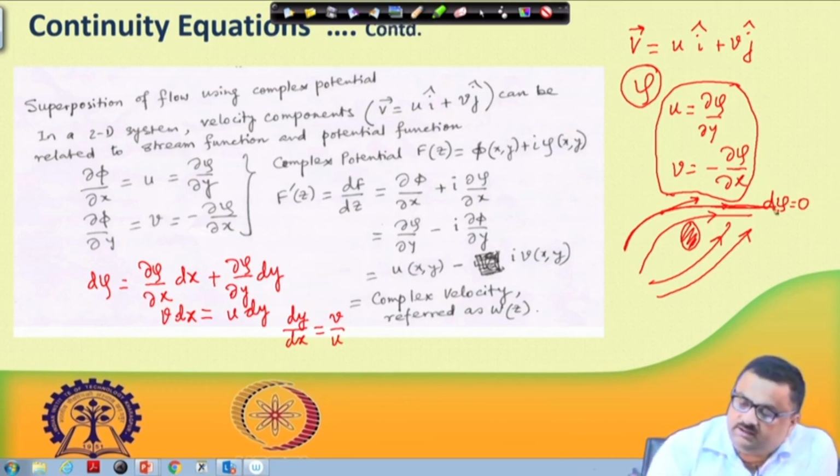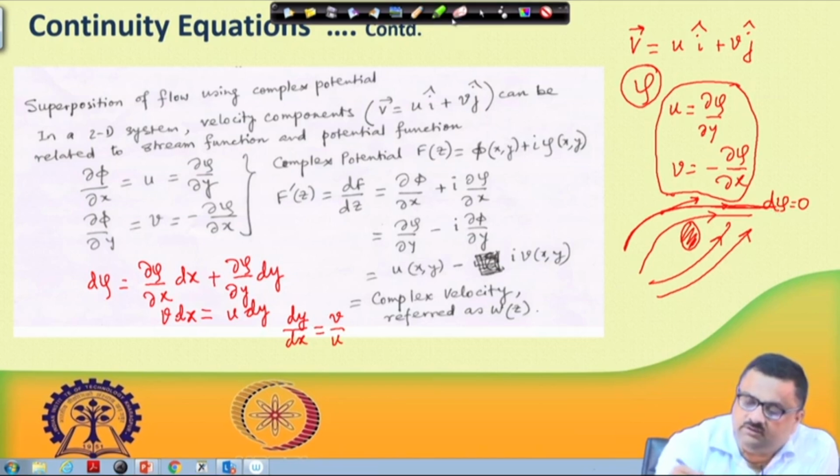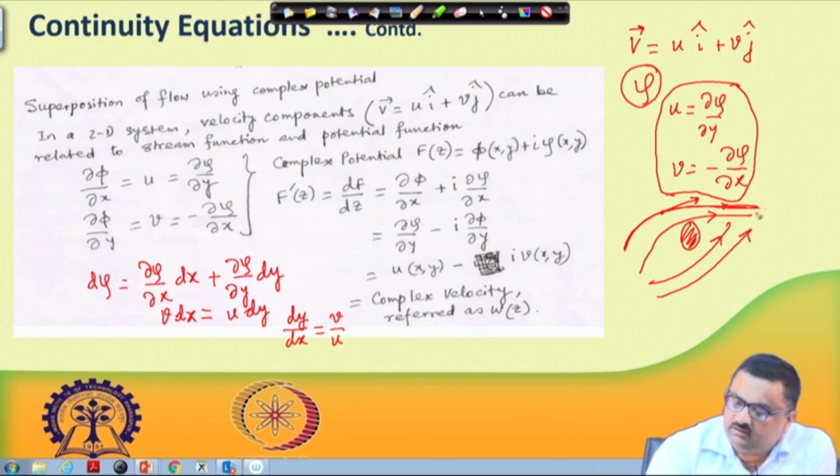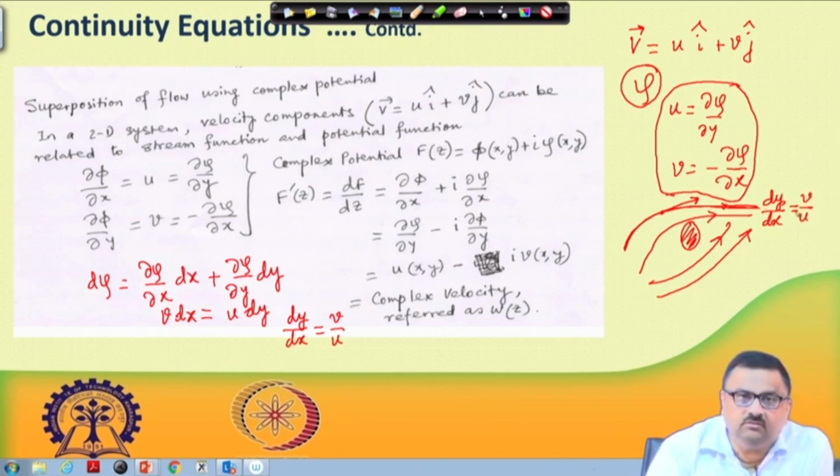So, a streamline is the line along which dy/dx is equal to v/u.